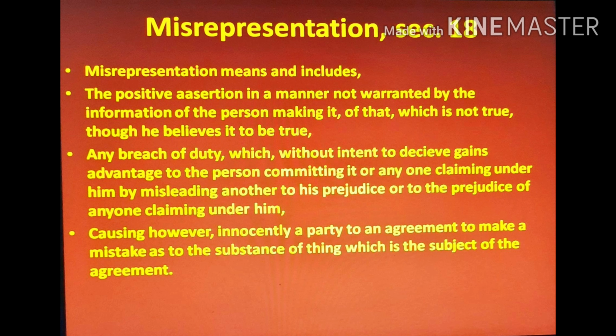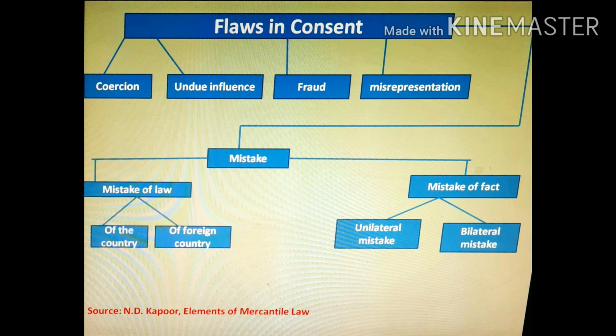Now, let us go back to our previous chart and understand the nitty-gritty of mistake. Look at this chart. Mistake is divided into mistake of law and mistake of fact. Well, if you have committed a mistake pertaining to foreign law, the agreement shall be void from the beginning, because we are not conversant with the law of a foreign land, so we can be exempted from performing the contract.